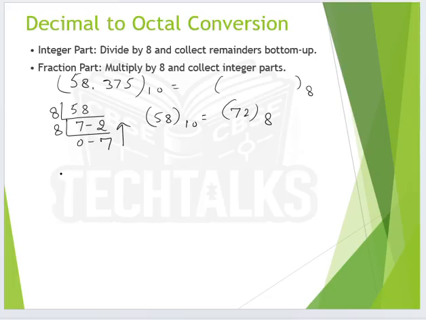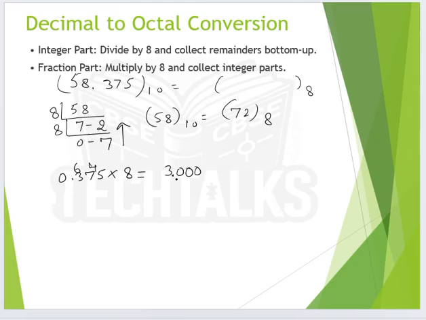Now take the fractional part and multiply by 8. And the way we multiplied in the previous example, decimal to binary, by 2, we have to multiply here by 8. 8 5s are 40, carry 4. 8 7s are 56 plus 4 is 60, so 0, carry 6. 8 3s are 24 plus 6 is 30. Now it is having 3 digits after the decimal point.